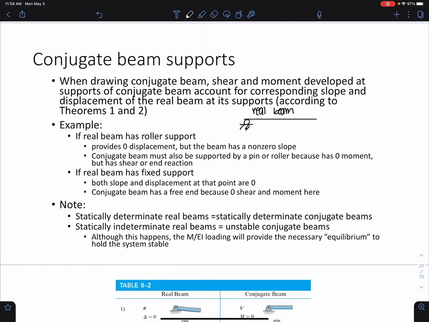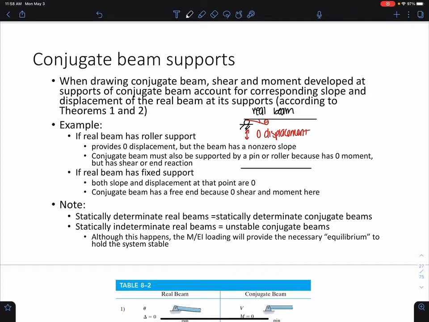If our real beam has a roller here, we know that a roller means that we cannot displace up and down, so 0 displacement. And we know we have a non-zero slope, so we can definitely have some type of theta, some slope there. Now on our conjugate beam, remember, we need to think about what would be happening here in terms of slope and deflection as well.